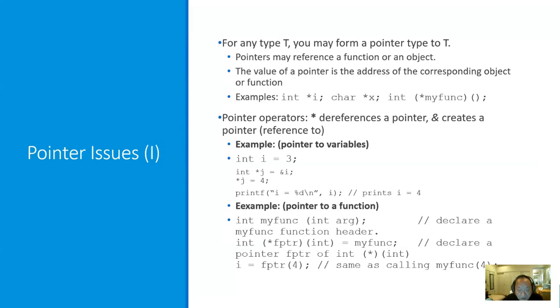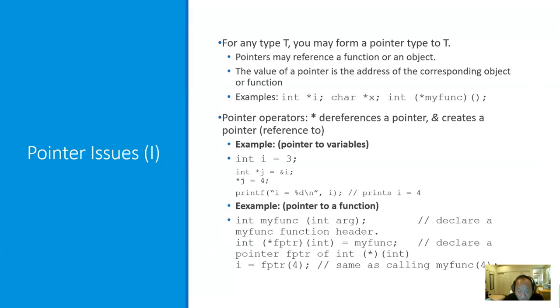So here is a function. I have a function prototype right here, right? And then I assign this one. Actually, my function is assigned to a pointer, and this pointer is a pointer to a function of integer. And the value of my function is assigned to the function pointer.